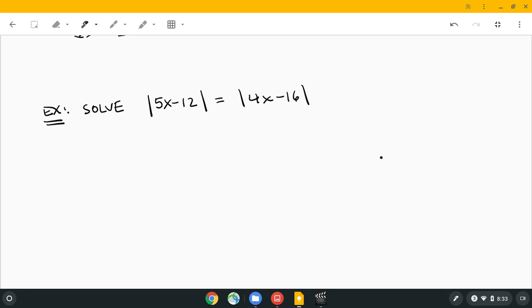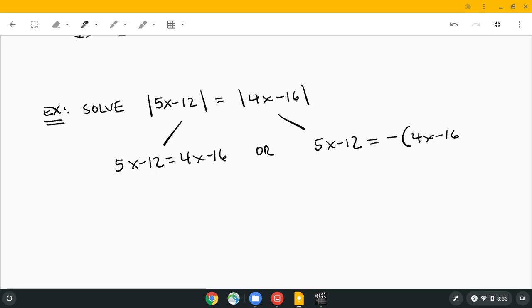All right, so first case, 5x minus 12 equals 4x minus 16. Okay. Second case, 5x minus 12 equals the negative of what you have inside there. Okay. So that's how we set this up.